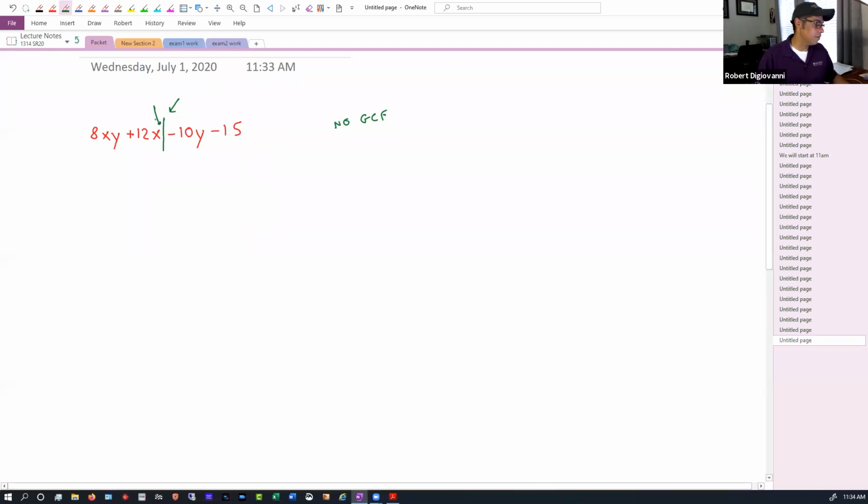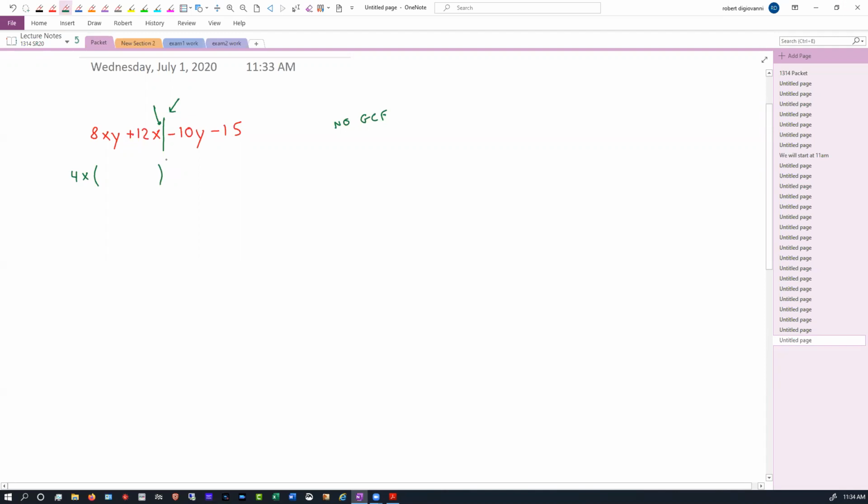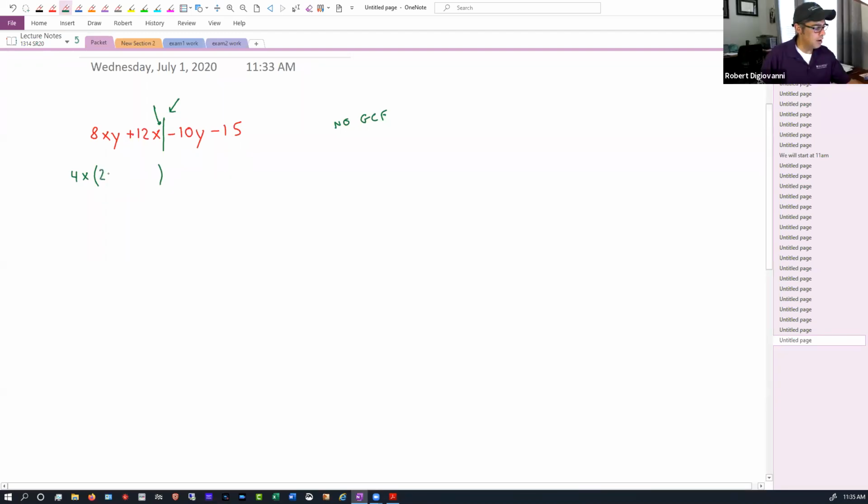Now look at the first 2 terms. There I do have a GCF. I can pull a 4 out, and I can pull an x out. If I do that, I'll be left with what? 2y, right?